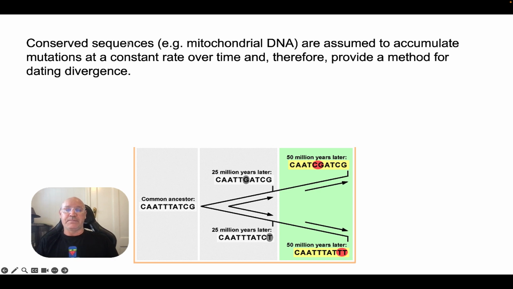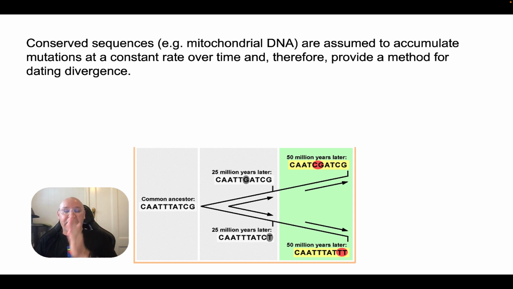Conserved sequences. Now these occur in DNA, so nucleic DNA, but also mitochondrial DNA. So conserved sequences, we assume that mutations, so changes in the DNA sequence, occur over time, and that is at a constant rate.